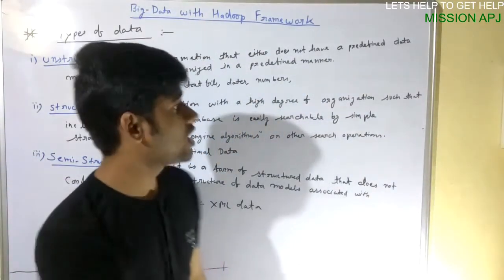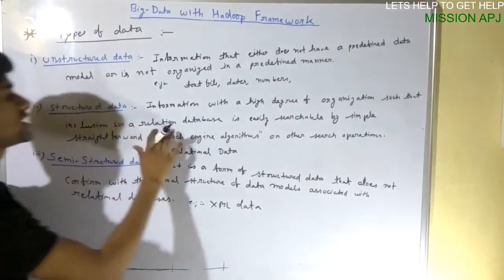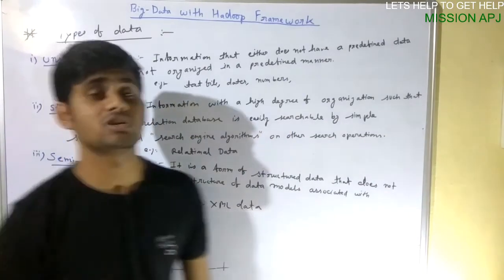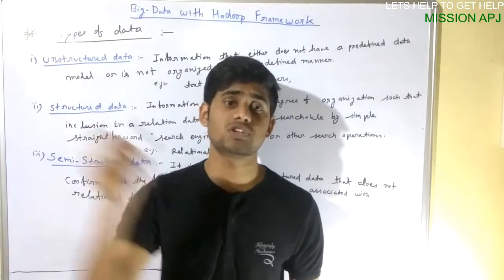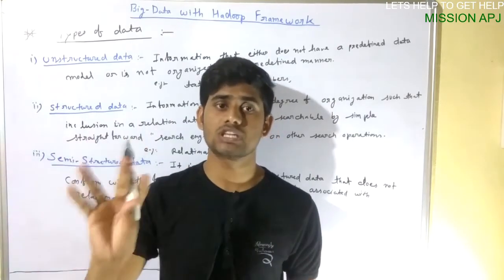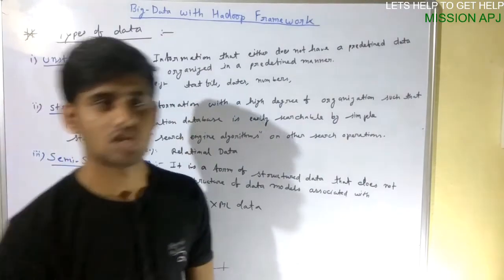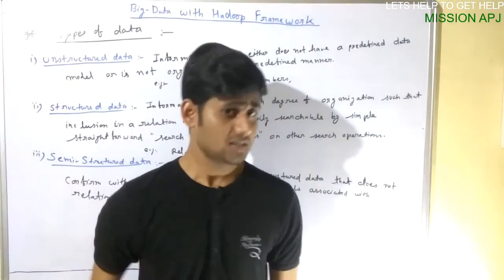So it has a high degree of organization, such that inclusion in a relational database is easily searchable. When we want to search the data, the name of the student, we will search. So we have name and Sunil. With these two things, with a tag, we can search easily by some algorithm and any operation. So it's nothing but structured data.